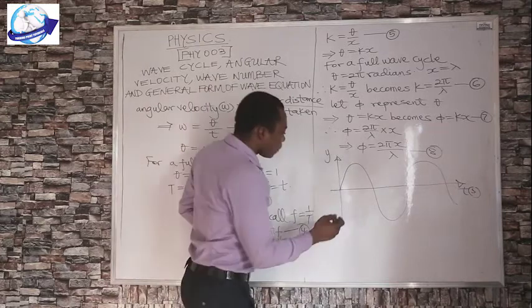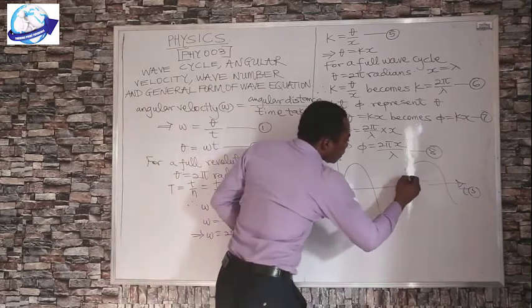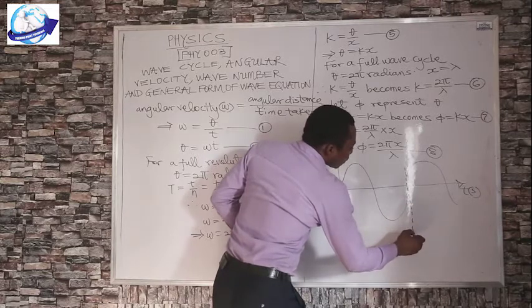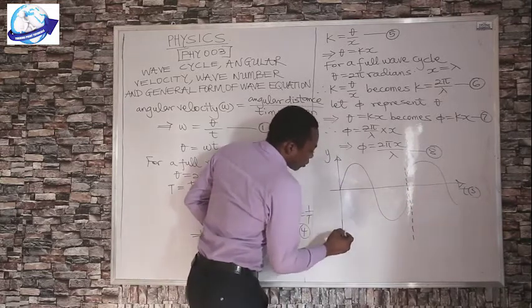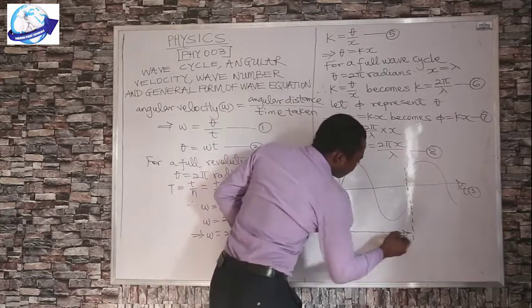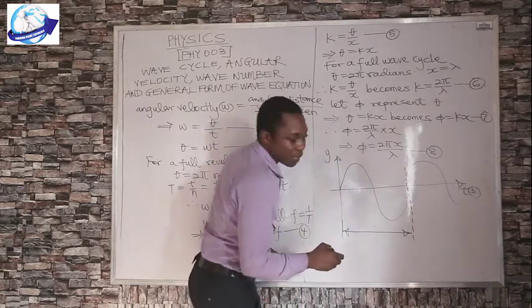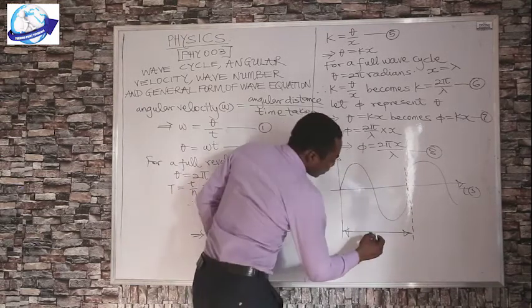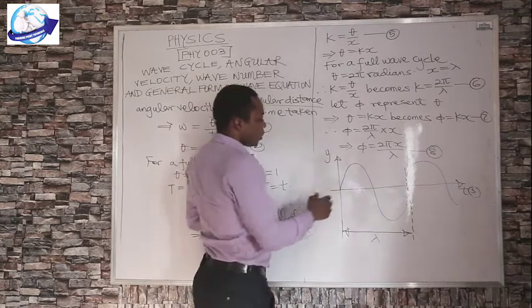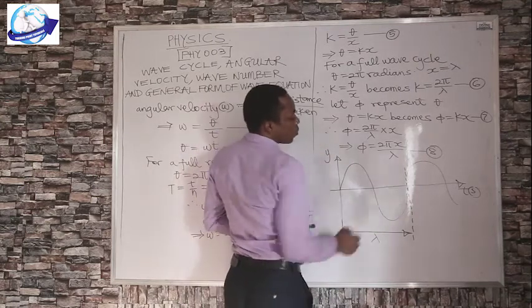When you consider from here to this side, you know quite well that this is the wavelength, lambda, and from here to this side is one full cycle.